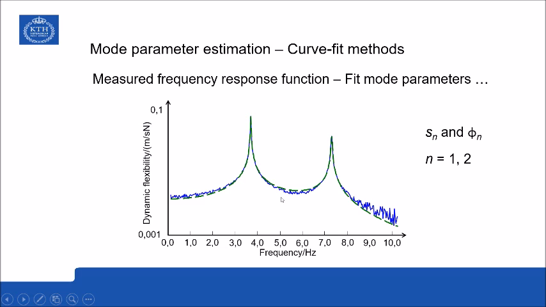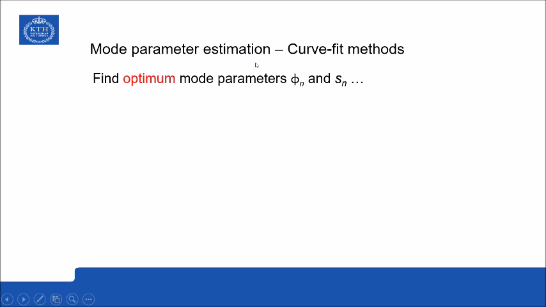When we have the best possible agreement, then we know the values of the system poles and the mode shapes. So we have to find the optimum, in some sense, mode parameters, that is the mode shape vector and system poles.